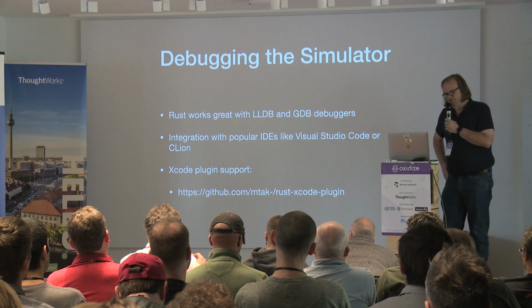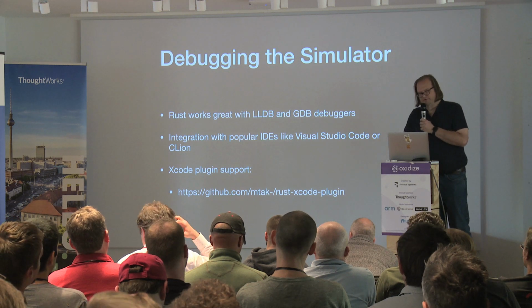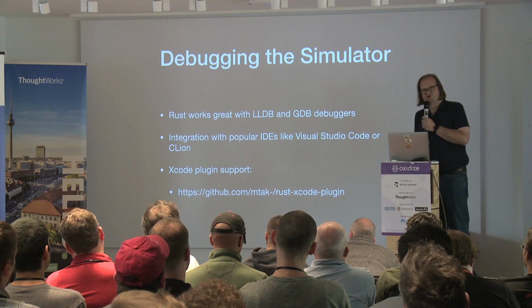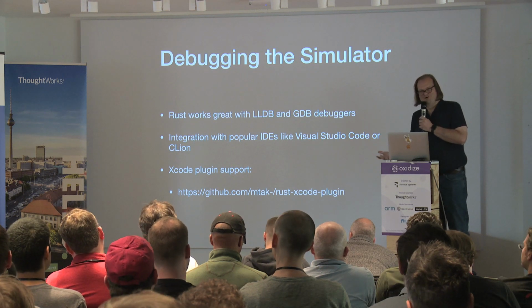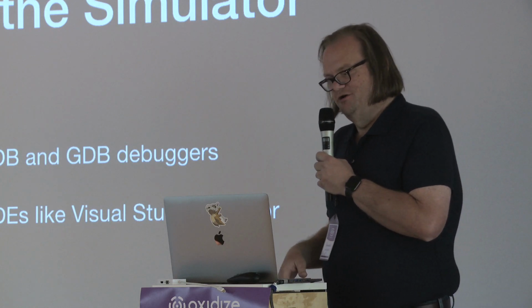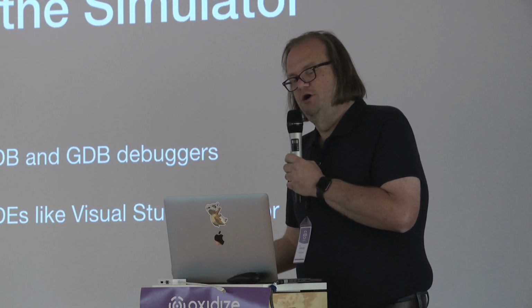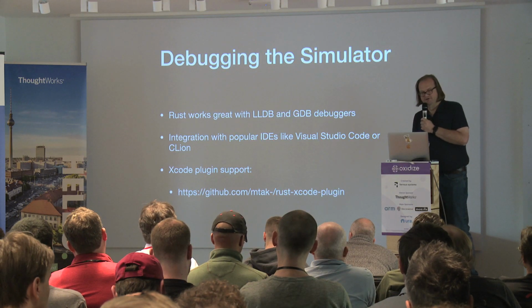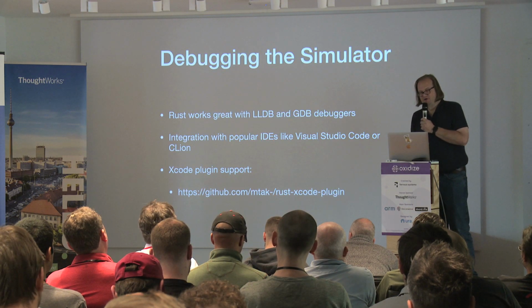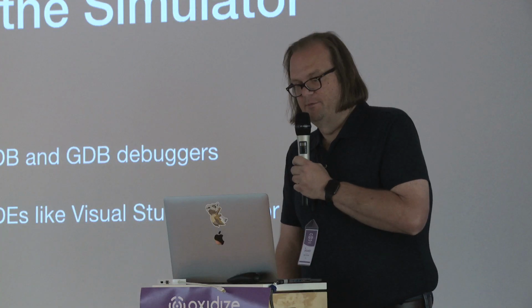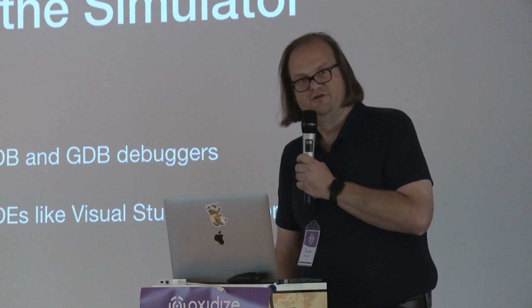Finally, one of the really great approaches to this is that it's easier to debug your code on a desktop device rather than having to constantly flash it onto your hardware. Rust already has really great integration with the LLDB and GDB debuggers, and some really solid integration with IDEs like Visual Studio Code or CLion.